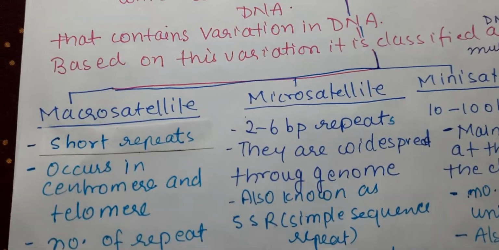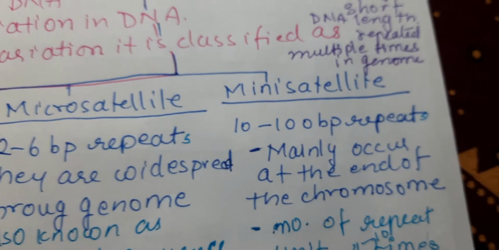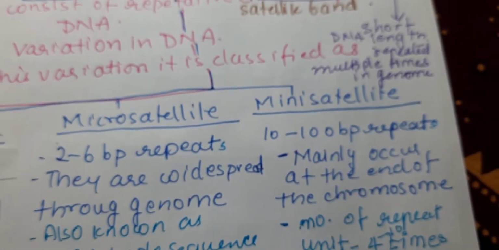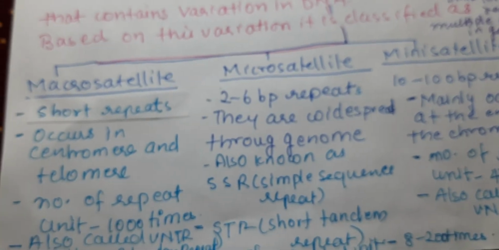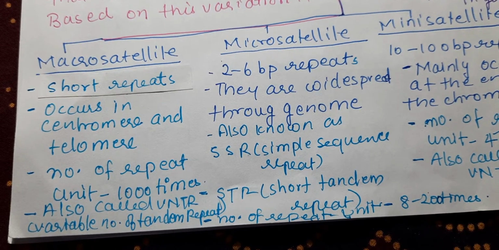Basically the difference is in the number of repeat units and how many times it is repeating. So we have macrosatellite with short repeat, microsatellite with 2 to 6 base pair repeats and mini with 10 to 100 base pair repeats. The minisatellite and macrosatellite are also known as VNTR, that is variable number of tandem repeats.